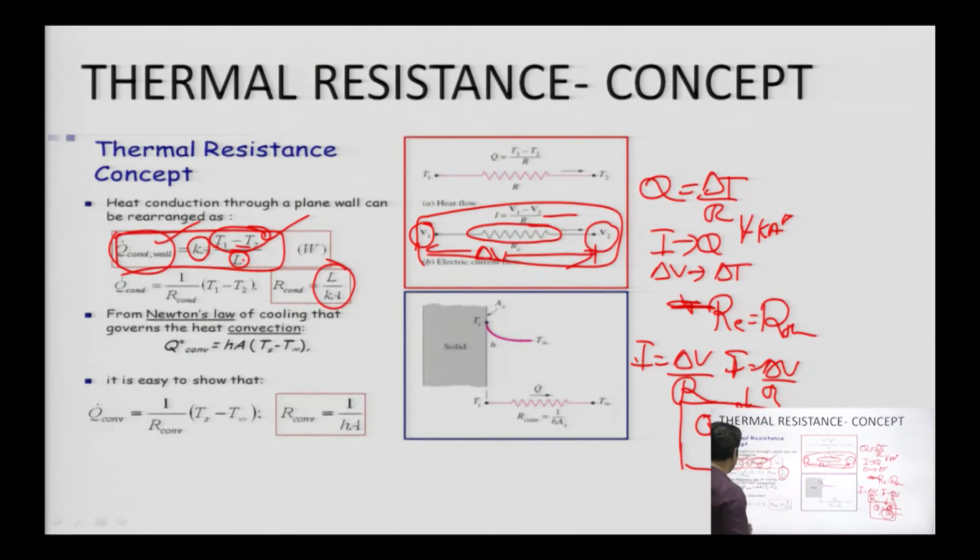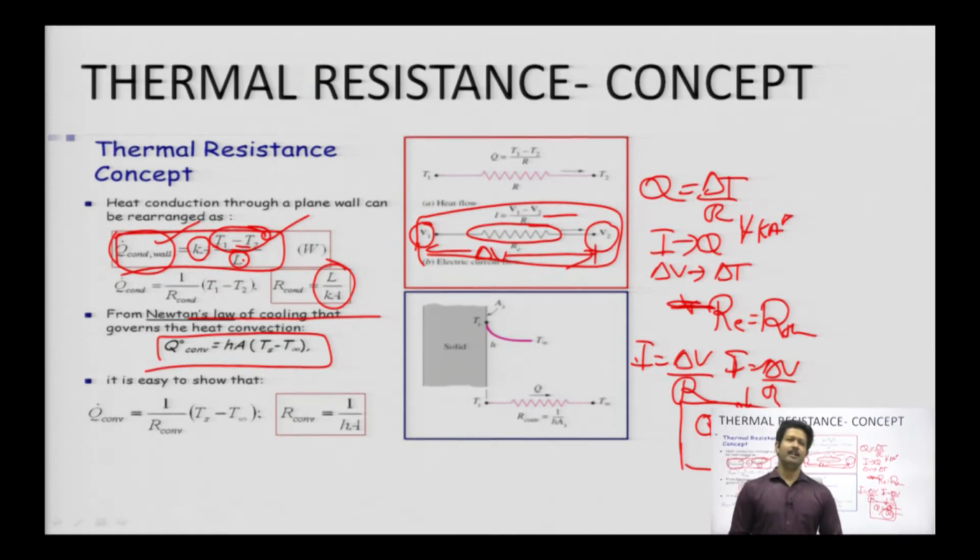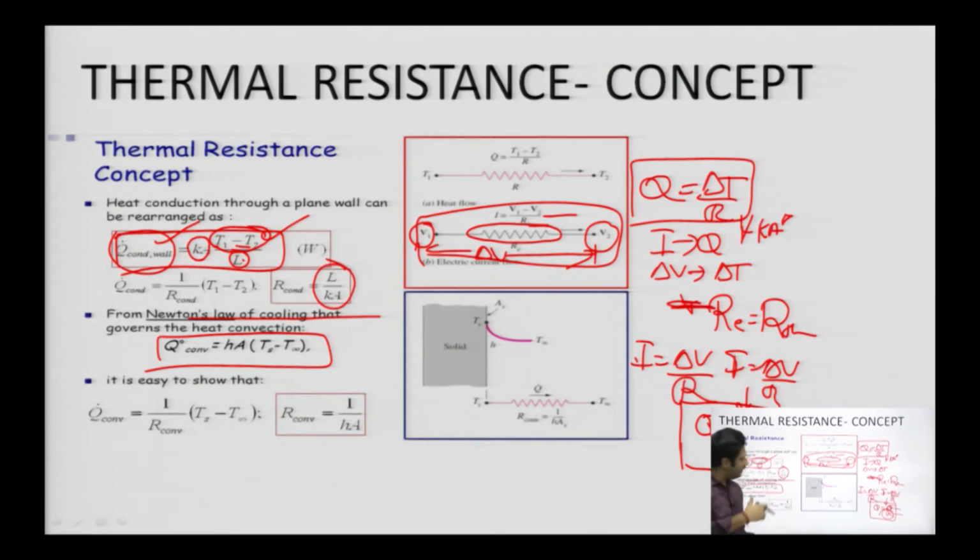Now let's talk about Newton's law of cooling, Newton's law of convection. Newton's law of convection tells us, this is the formula. I have already discussed it in my previous video. Newton's law of convection is hA delta T. Now just put it in this format once again. So what will be the format?